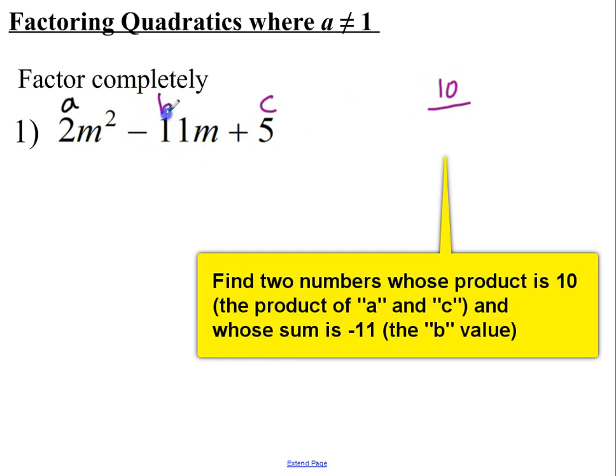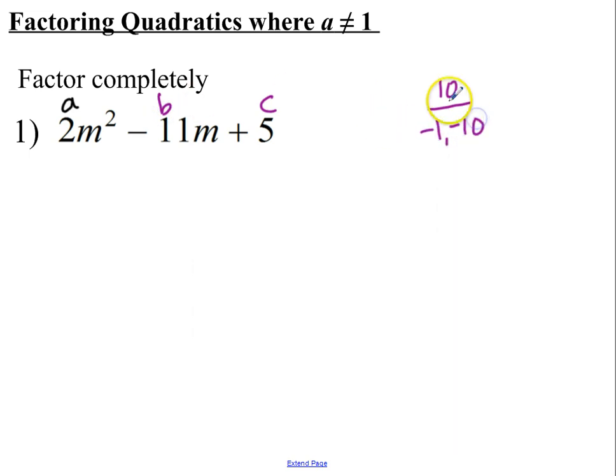That's the b value here. Of course, that would be negative 1 times negative 10. Two numbers that multiply to be 10, add up to negative 11. So I'm going to split up that negative 11m like this: 2m squared minus 1m minus 10m plus 5, which is the exact same thing as we have right here. It's just rewritten in a different format.